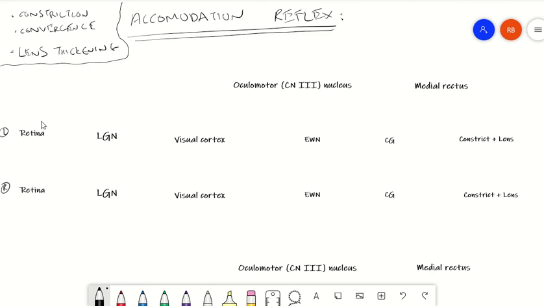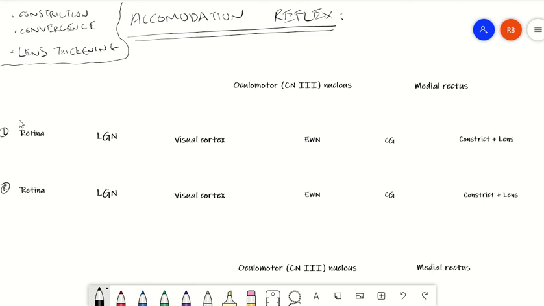So what happens is that you have impulses from the retina, and because the accommodation reflex uses visual information and depth perception rather than a light stimulus, you need to involve the visual cortex at the back of your brain, in the occipital lobe, because you're interpreting more a visual image rather than a light stimulus.